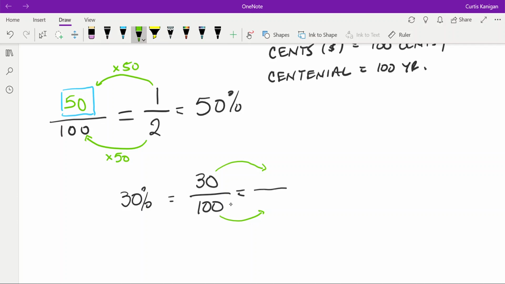So if we divide by, well, common factor here is 10. So we would end up with 3 over 10. And that would be our lowest terms. There you go.